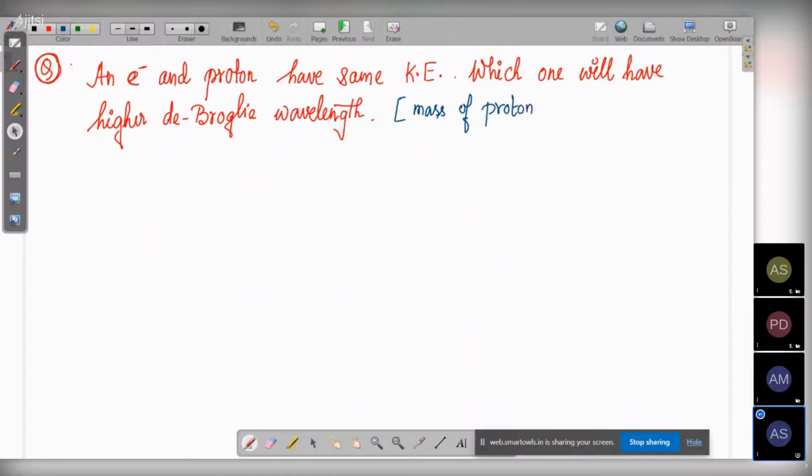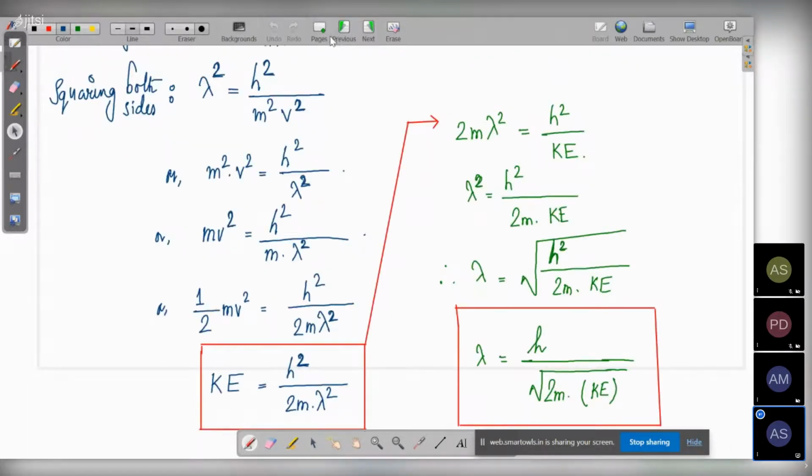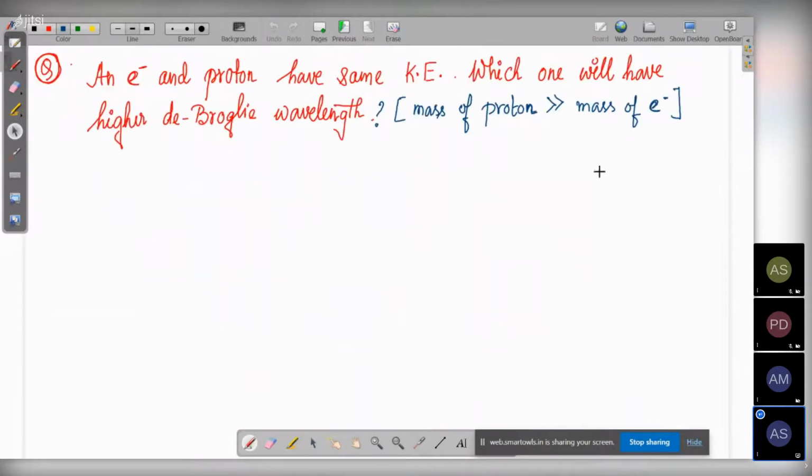I'm telling you for the sake of simplicity: the mass of proton is much greater than the mass of electron. Tell me the answer. Take 2 minutes again. It's simple, just putting it in the formula. And if you need to see the formula, I'm writing it there. Lambda is equal to h by the root of 2mKe.